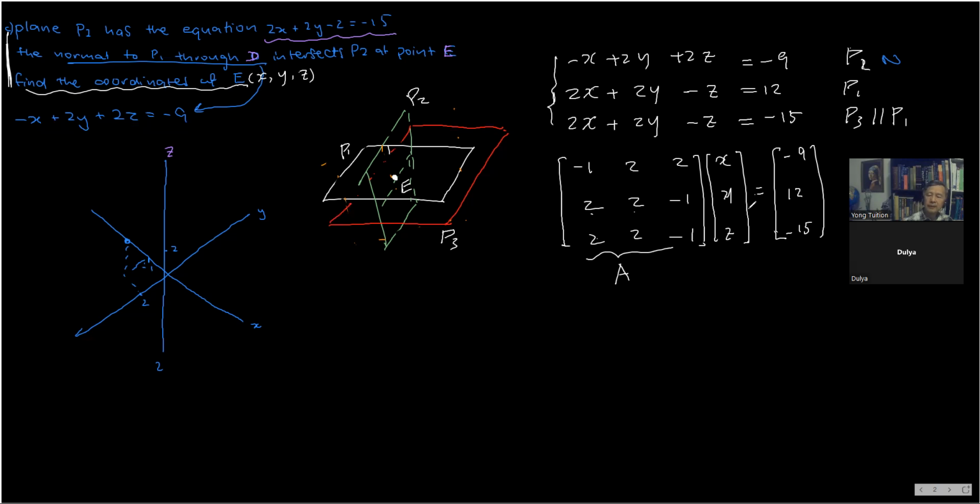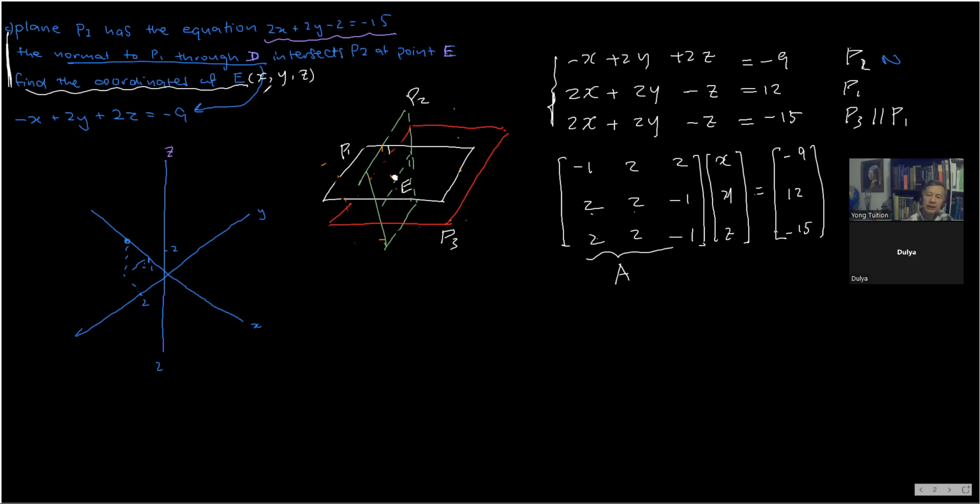I just wondered if we got the question correct. In general, I can tell you, if these two are parallel and the third one is not parallel to any of them, then in principle we should find a unique solution.